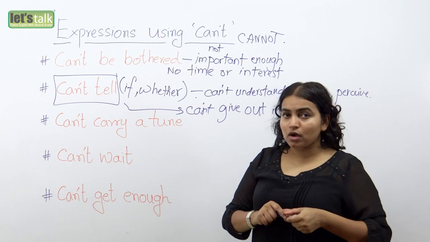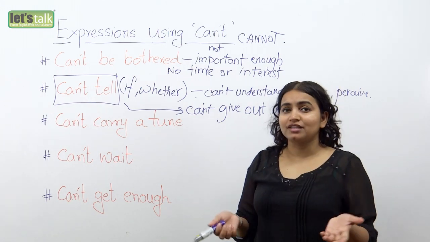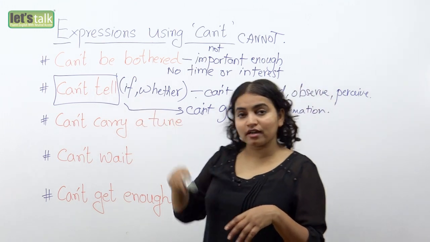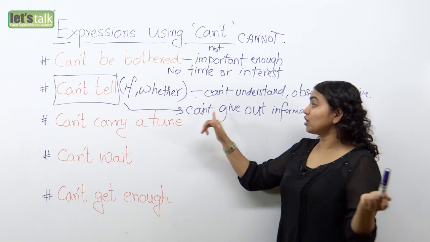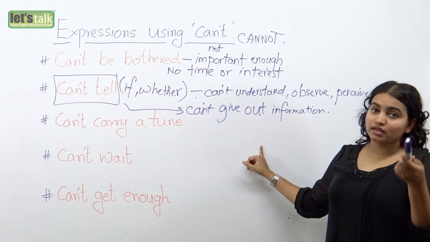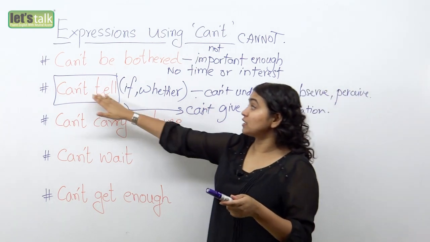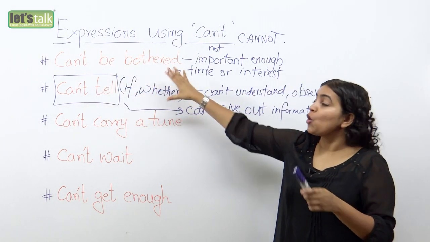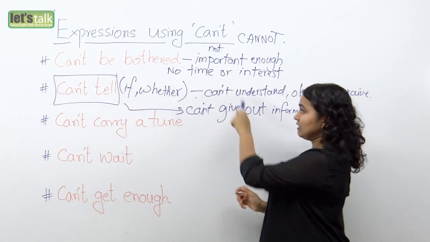So if someone asks you a question about your private life, and you will say, I'm sorry, I can't tell you, it's confidential. So that basically means that you can't, or you refuse to give out certain kind of information. Okay, so depending on whether you are using the can't tell with the if and whether, or if you are using it by itself, the meaning is going to be different.